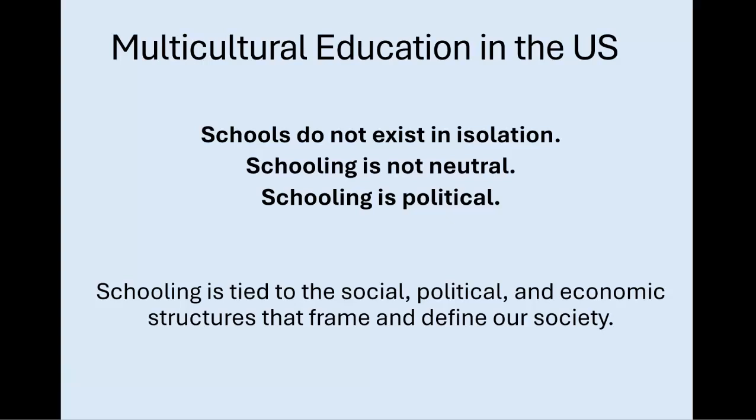It's inherently tied to political and economic structures that mean that some people have more and some people have less. I would love to think eventually that our school funding formula might change so that it's not so much that way. But for now, that is the way it is in the United States.